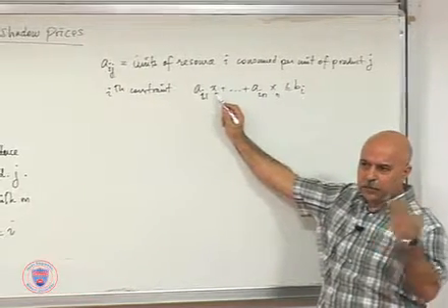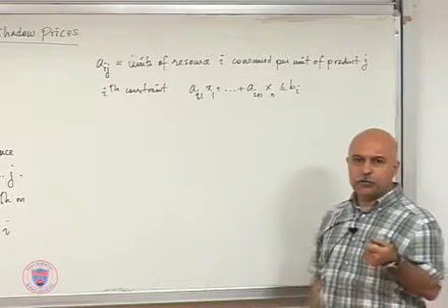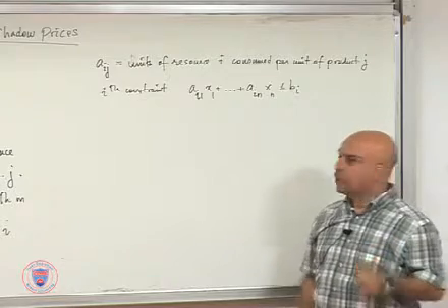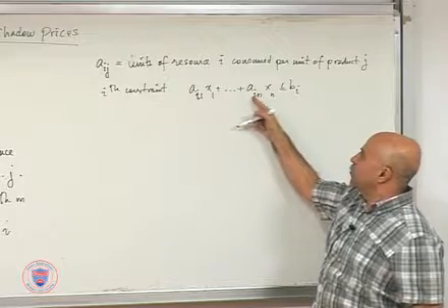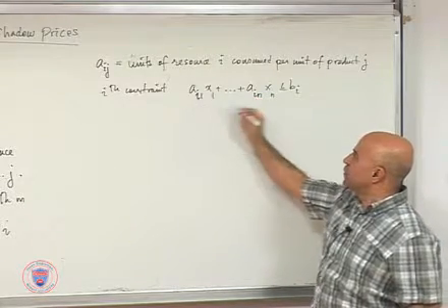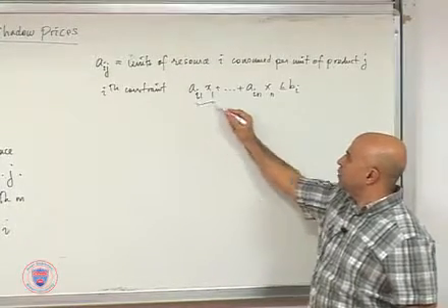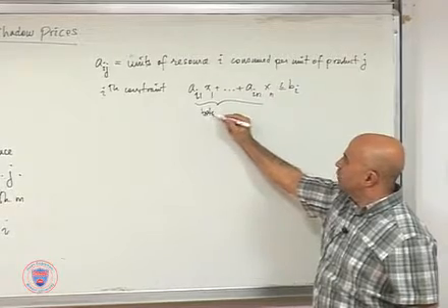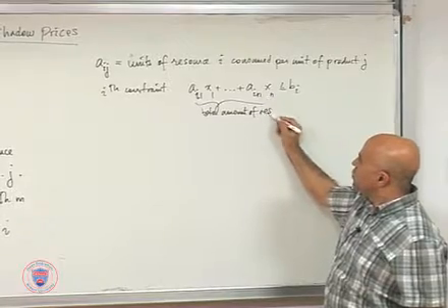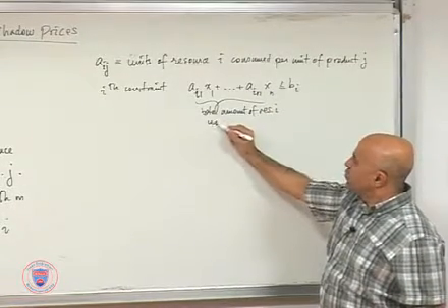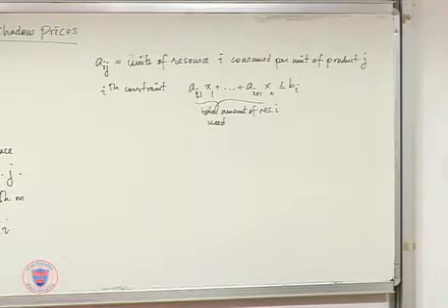If you have x1 units of product 1, then of course that's the total you use up of resource i for producing x1 units of product 1. So on and so forth. The last one is the consumption of resource i due to producing xn units of product n. So the left side is the total amount of resource i used by the production amounts x1 through xn. Okay?